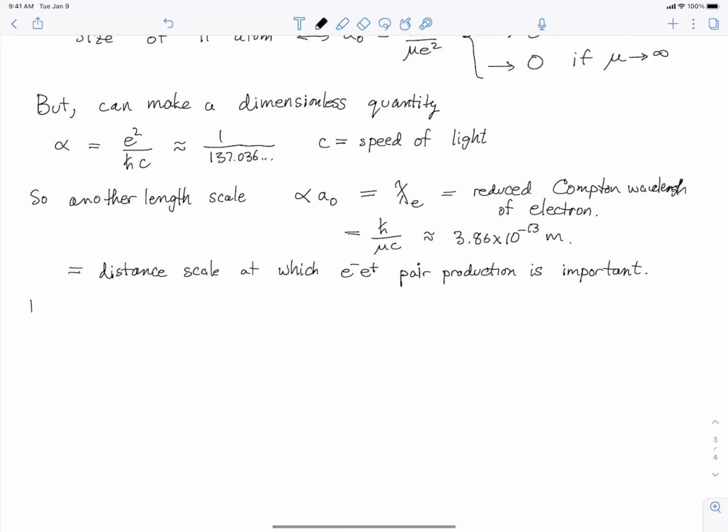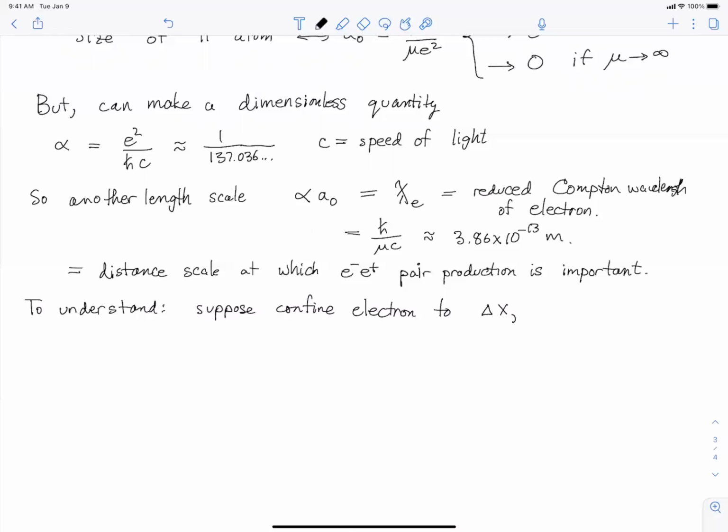So to understand why that would be the scale, the distance scale, okay, suppose we confine the electron to a very small scale like this. So suppose we confine the electron to some range delta x.